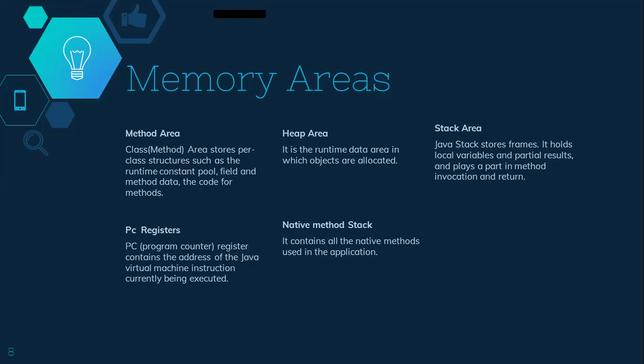But if I say which one is the most important, then I say the heap area, because as we know, Java deals with objects. The heap area contains the objects and the references. So we can say the heap area is the most important among all the memory areas, right?